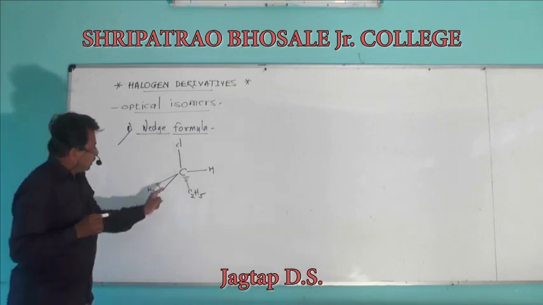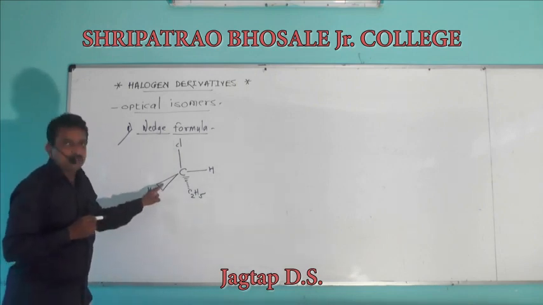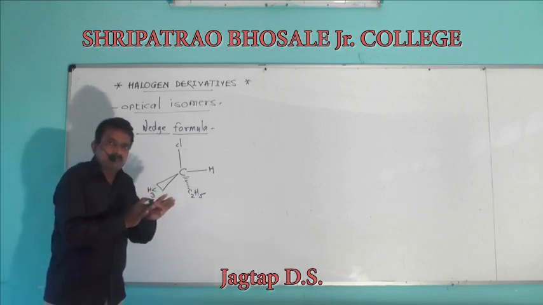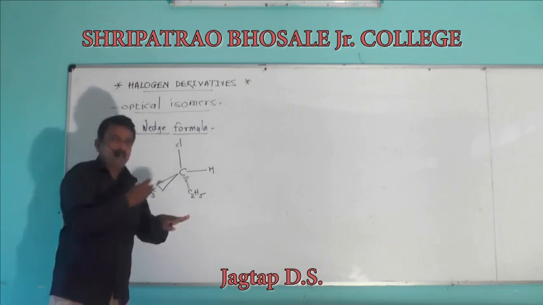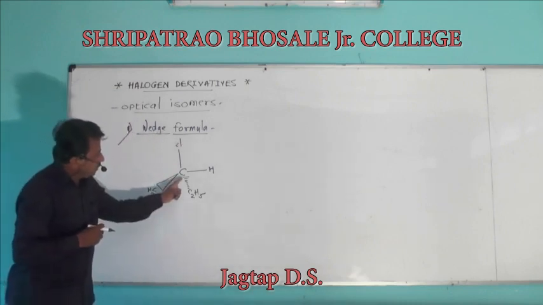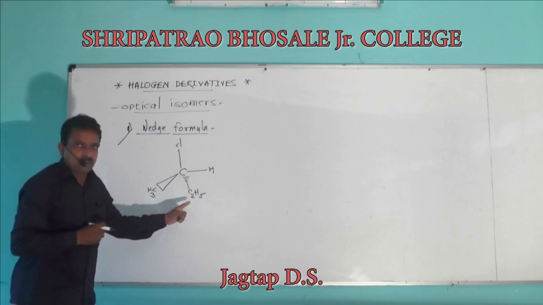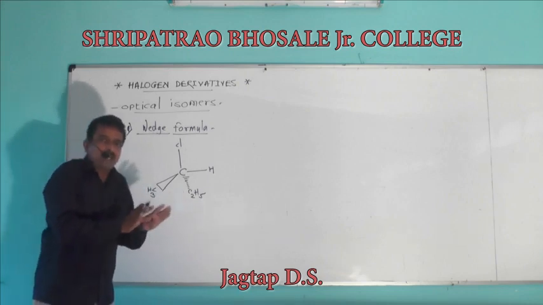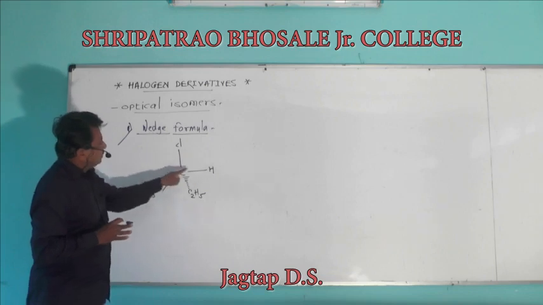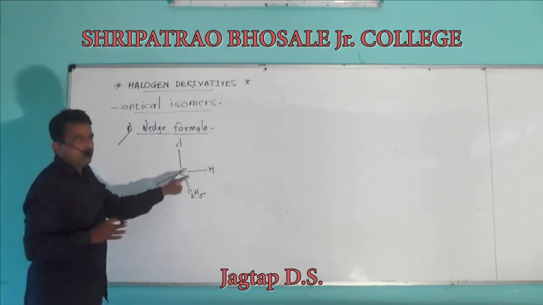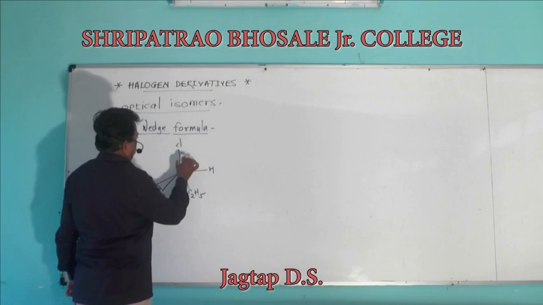In Wedge formula, the solid wedge represents the bond projecting up from the paper, that is towards the reader, while the dotted wedge represents the bond going backward below the paper, and the normal line represents the bond in the plane of paper.